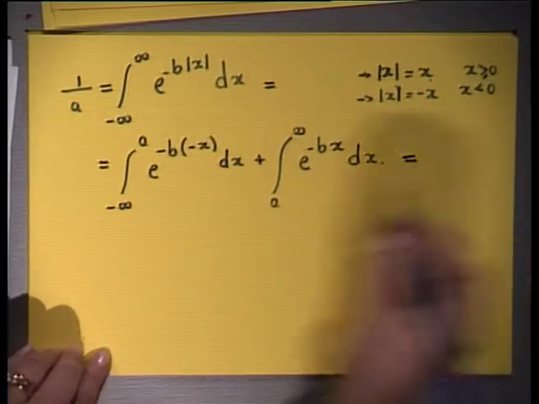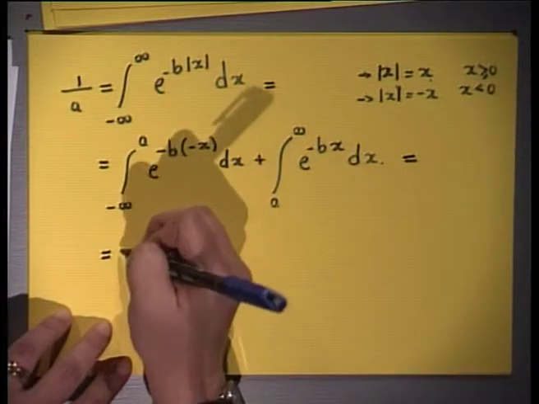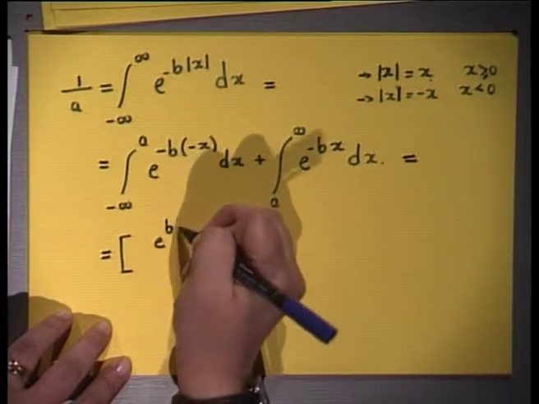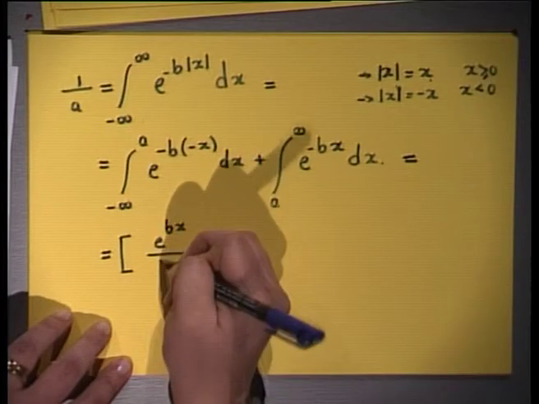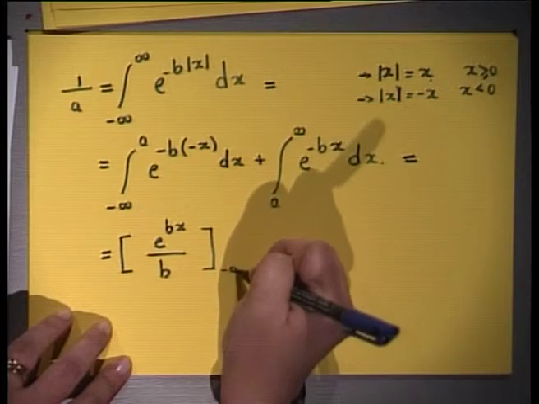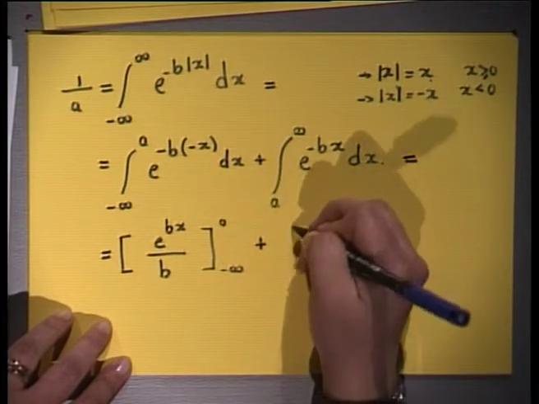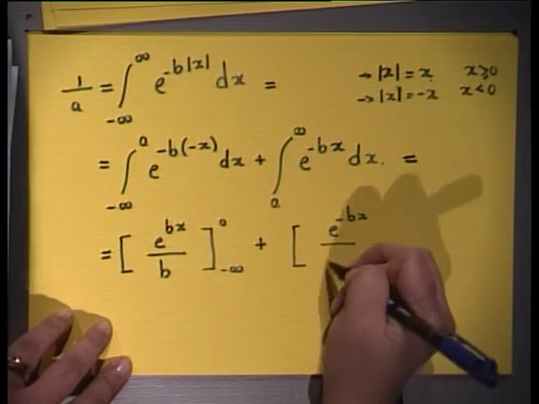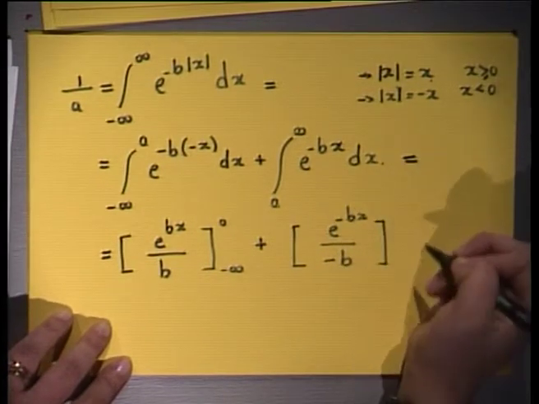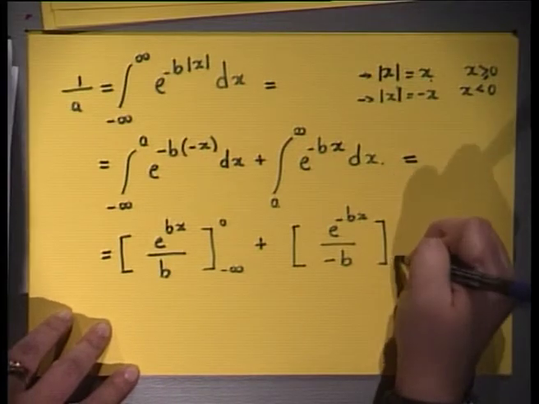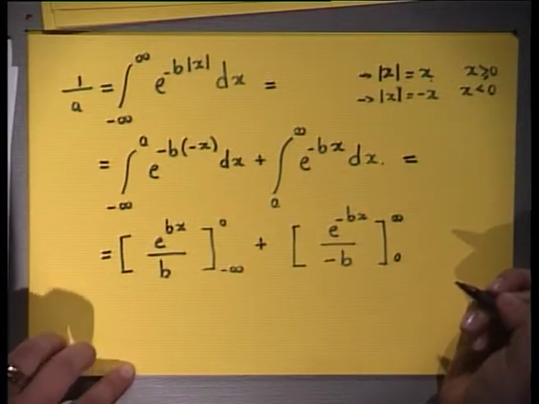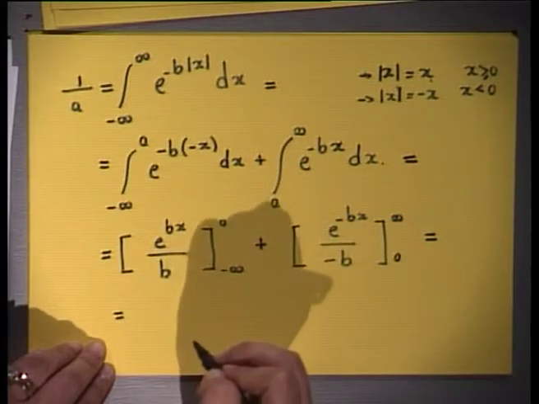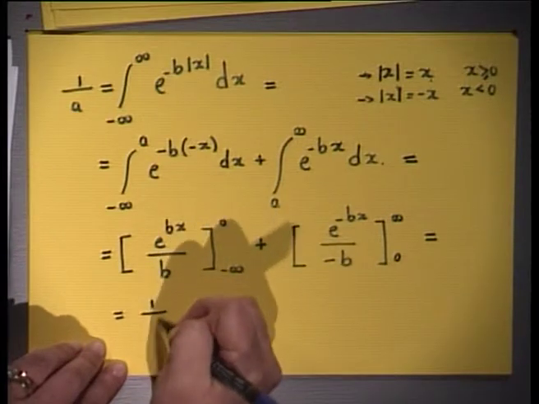So we calculate these integrals, which are e to the bx over b plus e to the minus bx over minus b from 0 to infinity, and this will be equal to 1 over b.